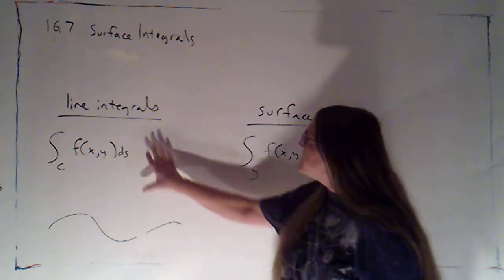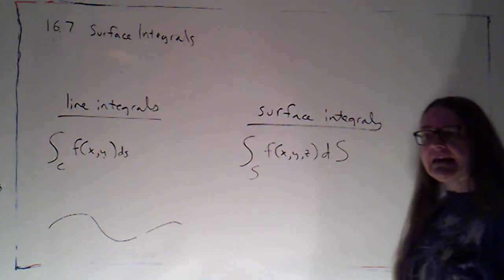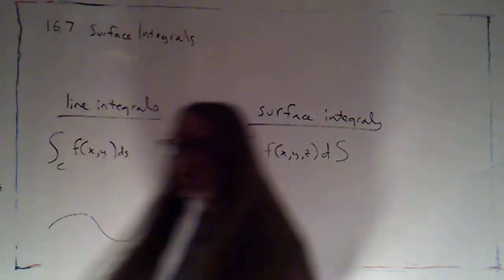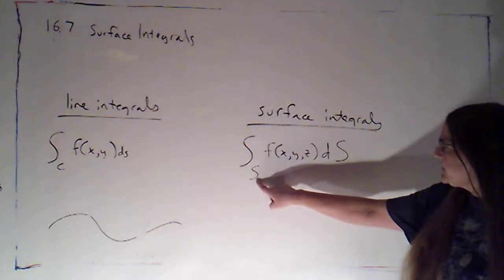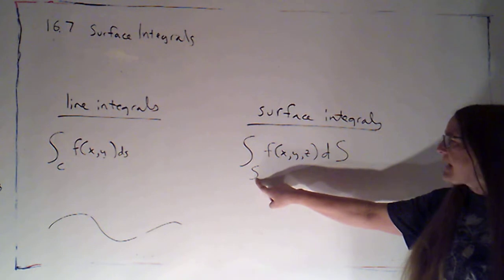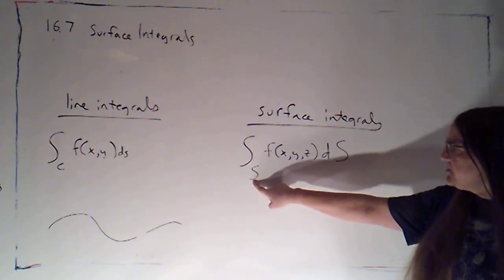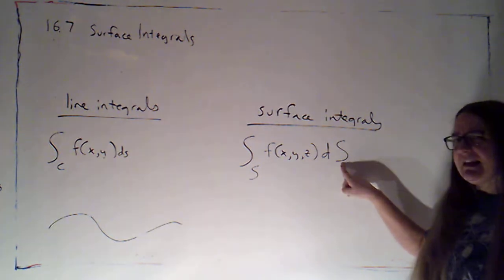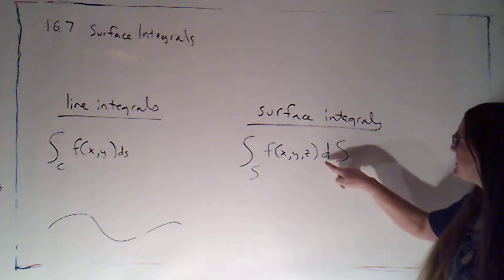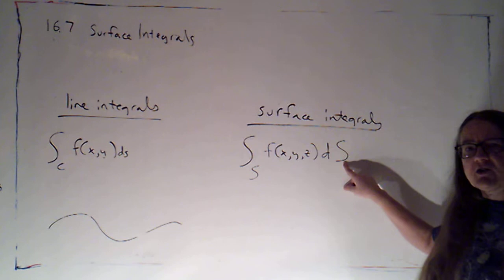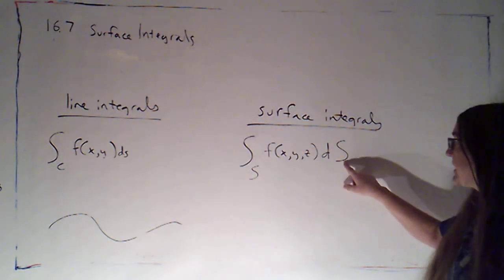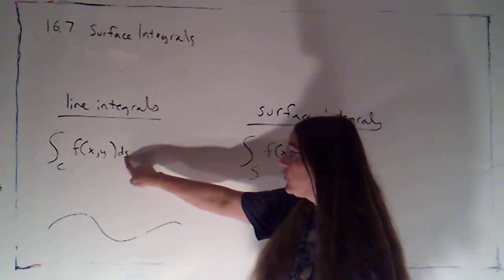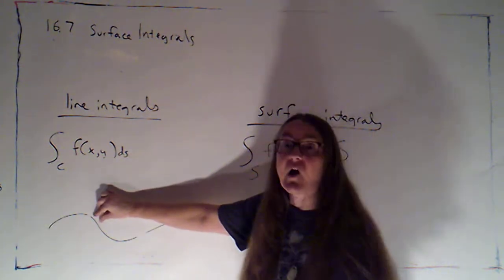Okay, so we've got the same basic idea here. If I have a surface, and our textbook calls this S, I'm not crazy about that because they're using the same symbol, capital S here, that they're using here. This capital S means that we're integrating with respect to surface area. That's different from this lowercase s, which was arc length.